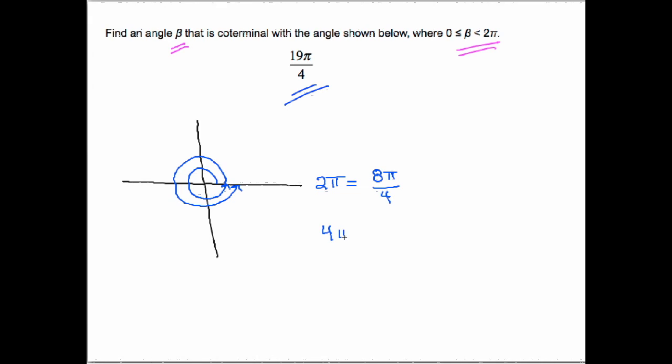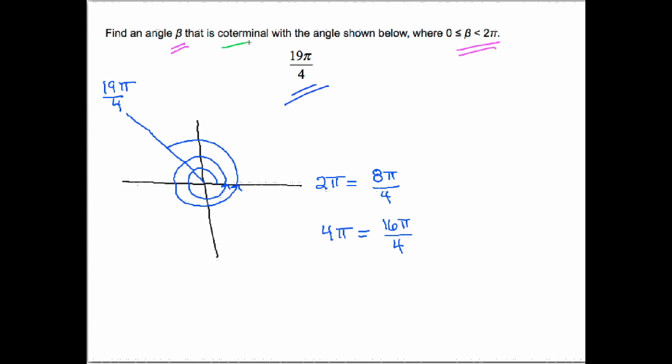Second time all the way around brings me to 4 pi, but with a denominator of 4, that's 16 pi over 4. I want 19 pi over 4, so I have to keep rotating another 3 pi over 4, which brings me to here. Here is my rotation of 19 pi over 4.